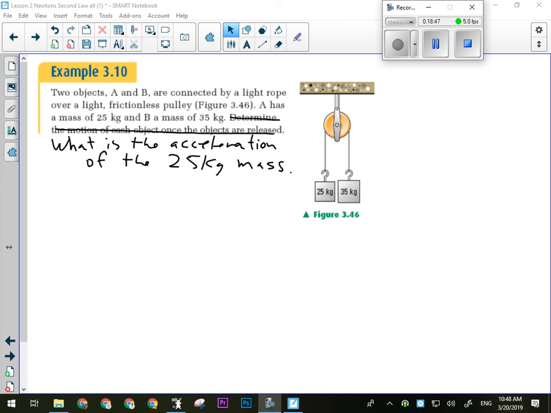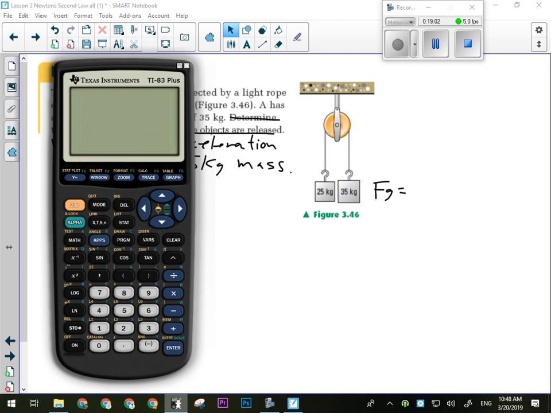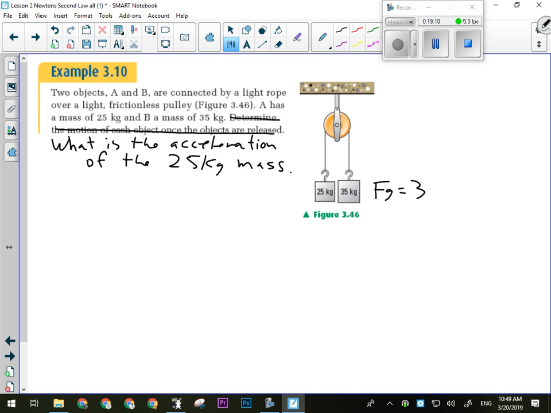So what are the forces acting on this? Gravity. The gravity is pulling on each one of the masses, agreed? So I can calculate the force of gravity on each mass pretty quickly. The force of gravity on the 35 kilogram mass, 35 times 9.81, is going to give me 343.35 newtons. And for this one here, it's going to be 245.25 newtons.